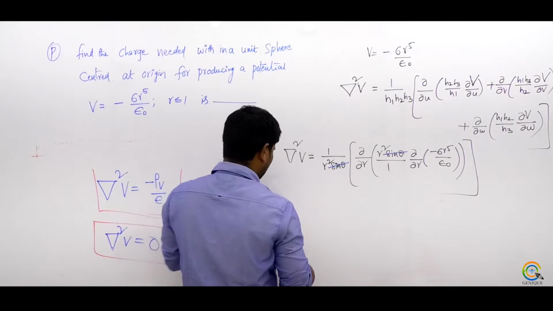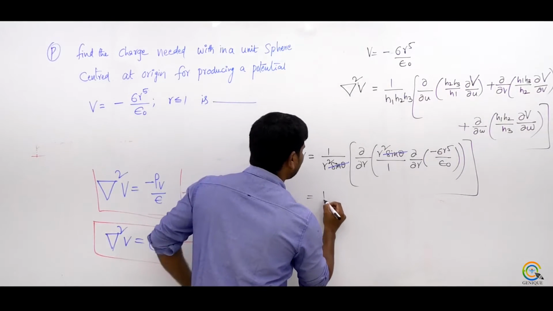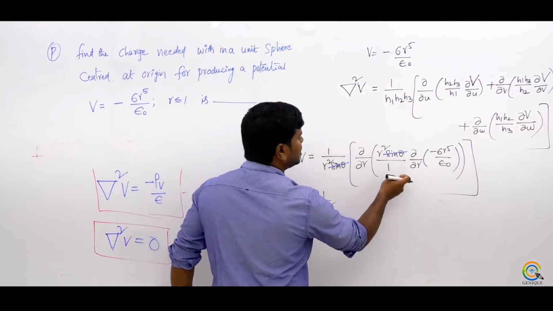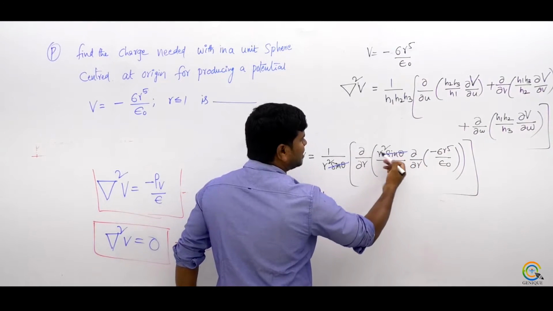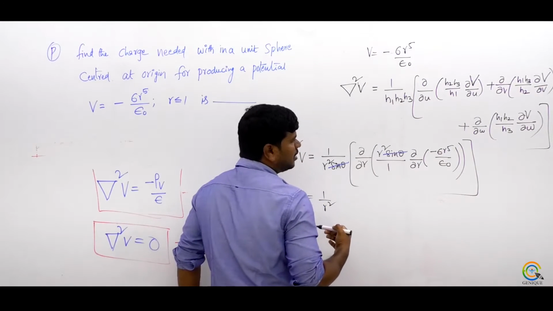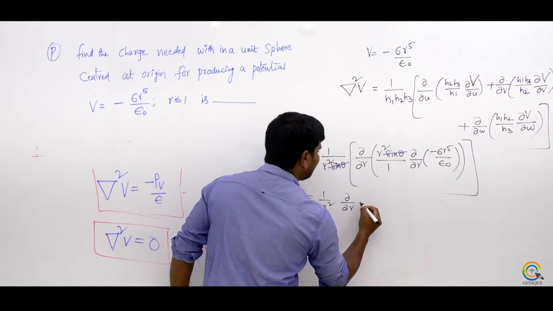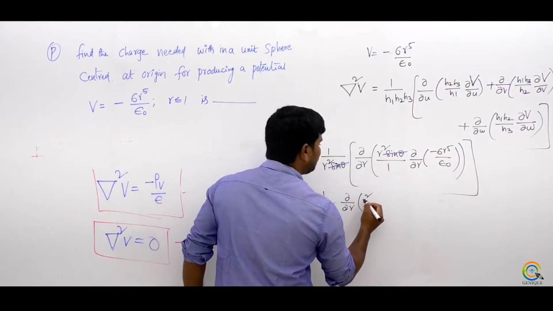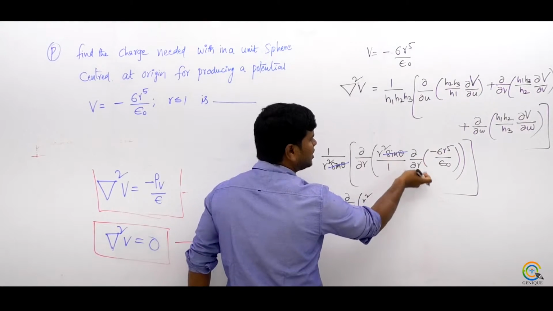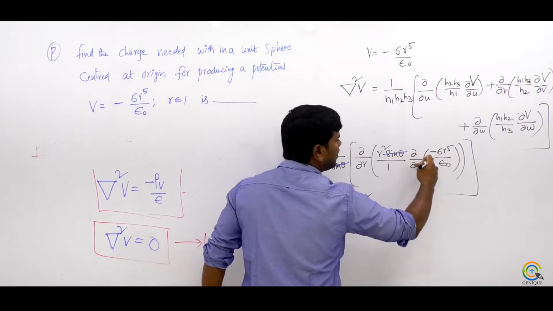So this will be equal to 1 divided by r square, dou by dou r of r square into this term. First of all, find this.